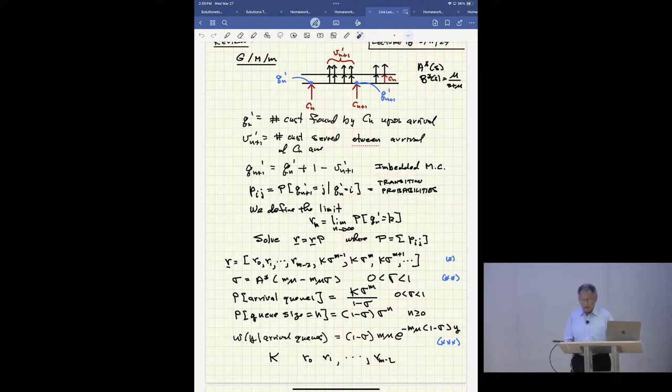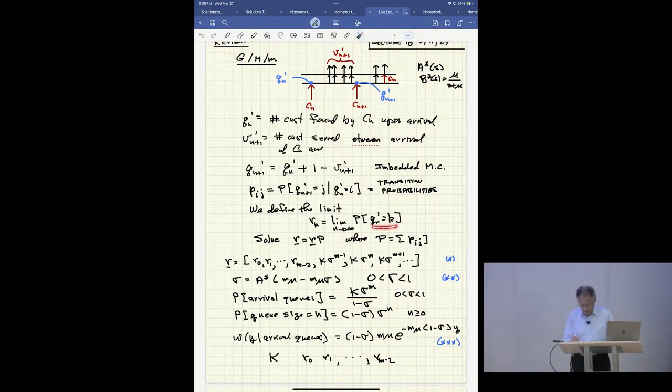Last time we developed the elements of this capital P, this transition matrix. There were 4 regions and we defined each one. Of course, we're going to put these transition probabilities into a matrix which we define as capital P, the transition probability matrix. Now, let's define the limit, called R sub k, of the probability that the number found by an arrival is equal to k.